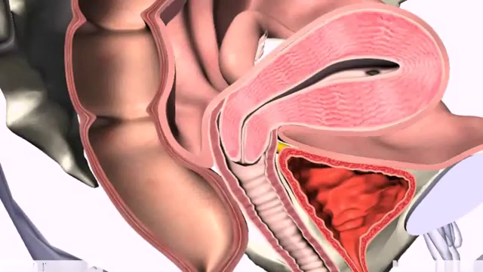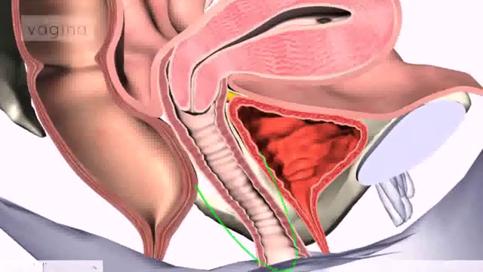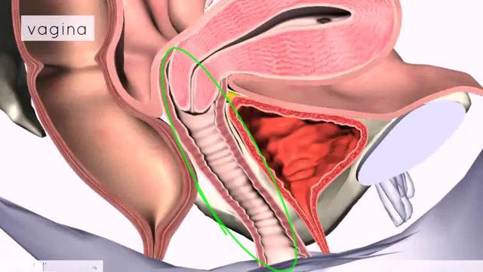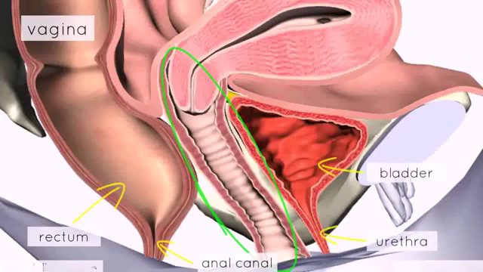So the lower part of the female reproductive tract is the vagina. And this is a fibromuscular tube, and as you can see it lies anterior to the rectum and the anal canal, and it lies behind the bladder. So you can see the bladder here and the urethra here. So those are the anatomical relationships.